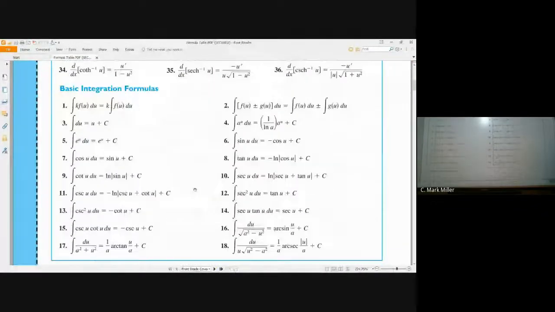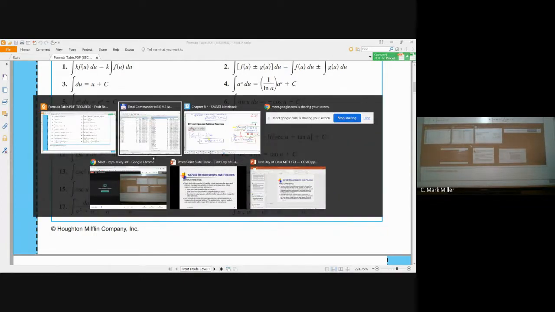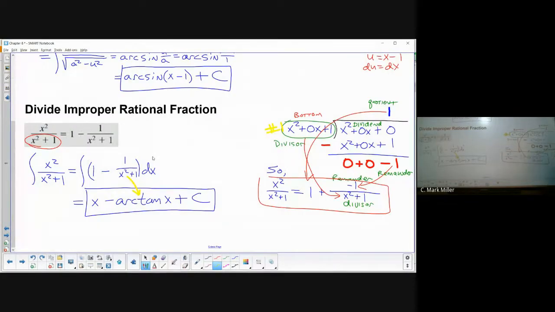Down here, this table, particularly this last half, all those trigonometric ones, and then these right here with the inverse trig functions, numbers 16, 17, 18. Those are what we were using. We used arcsine last time. We used arctan last time. There's no getting around those. Those are going to be used heavily in this chapter.